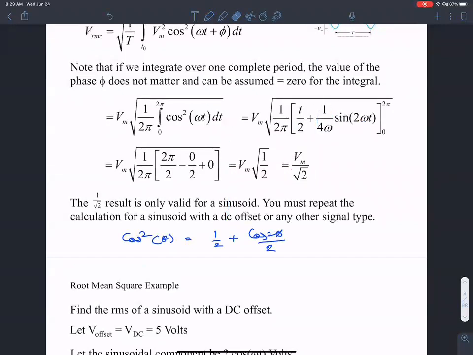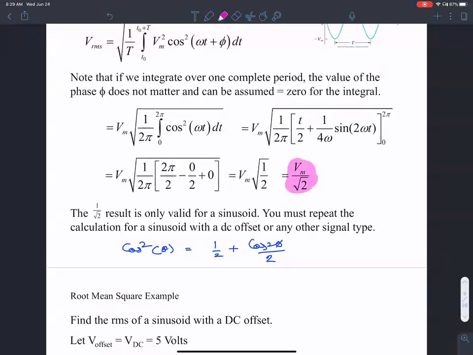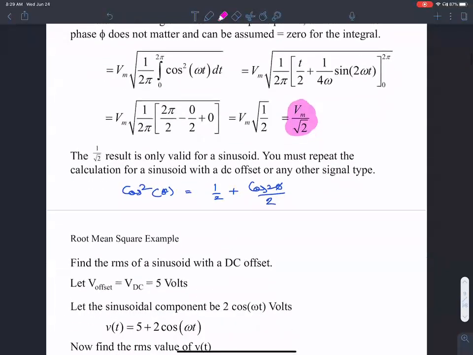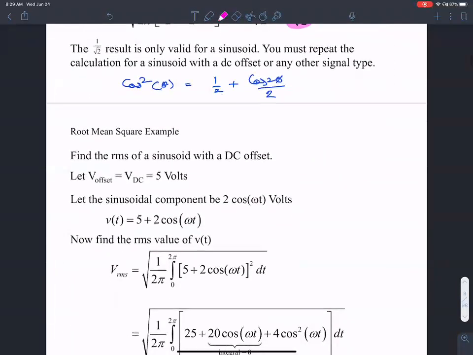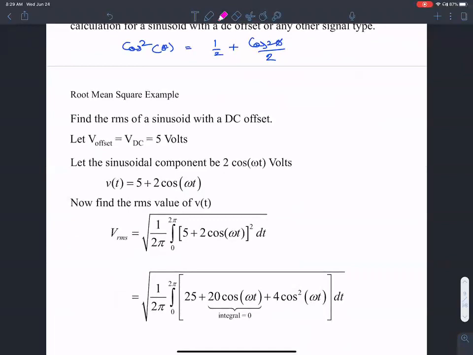Once I do that, I should be left with an RMS value of Vm over root 2. That's the root mean squared. In some sense it represents an average, not a simple average, but a root mean squared average.